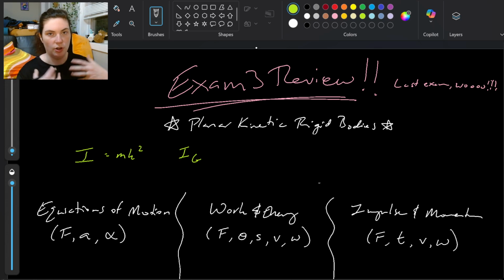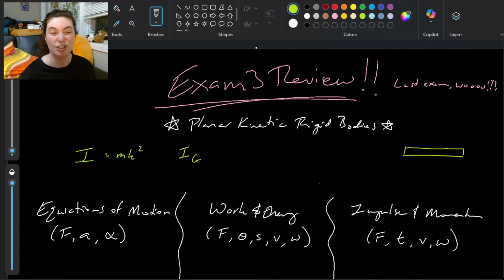And of course, there's no tables given to you, or there's no back of the book that you can use on this exam. So I'd recommend knowing some of the more common ones or having those written down on your cheat sheet. So some of the more common ones that we see are when we have our slender rod. That's a pretty common one. If it rotates about its center, that's 1/12 ml squared.